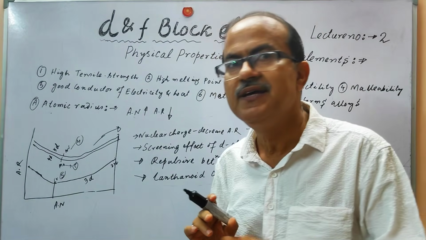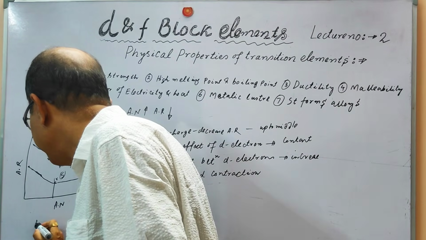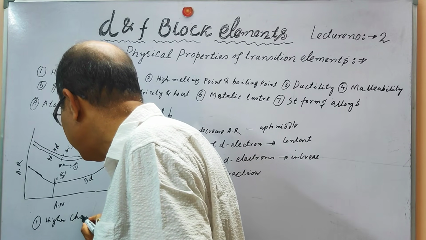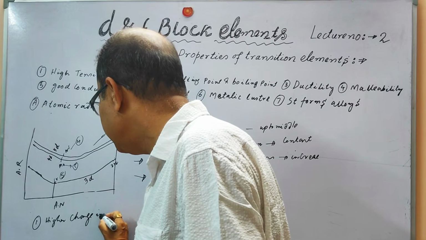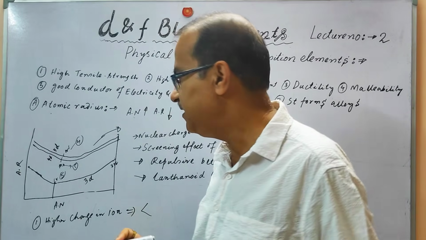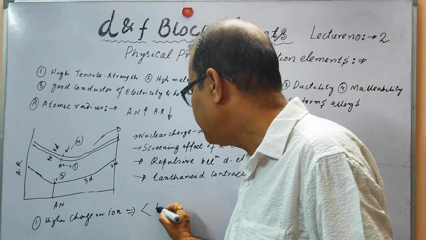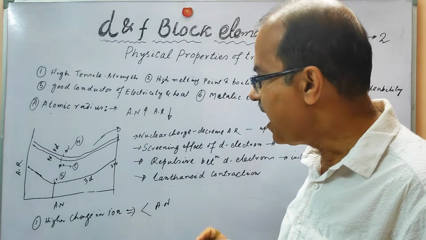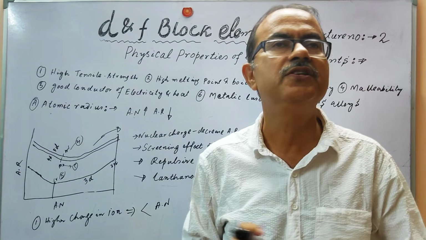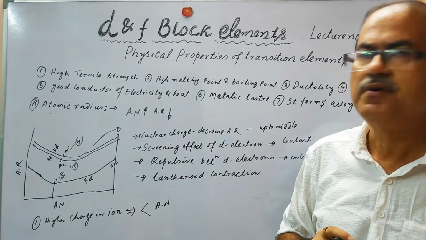Now we are going to discuss the ionic radius. In the ionic radius, what we find is that higher charge on the ions means less radius. As we go across the series, the radius decreases, just like for the neutral atom.